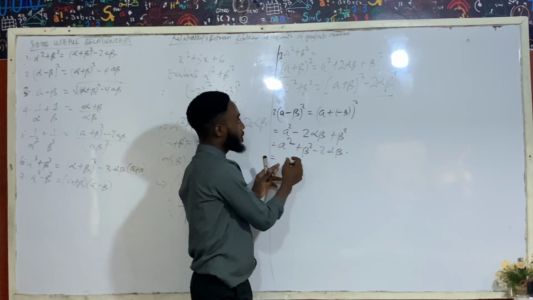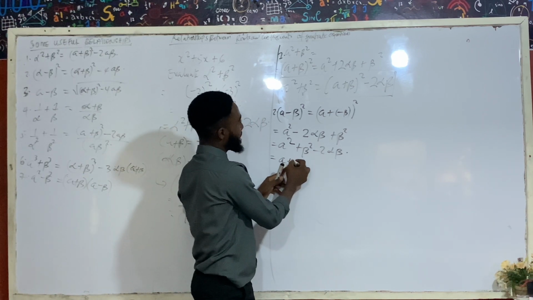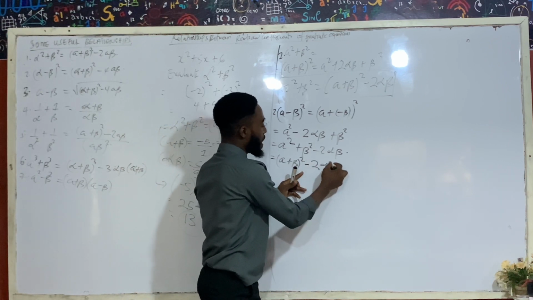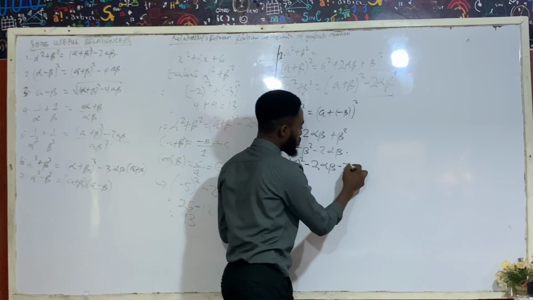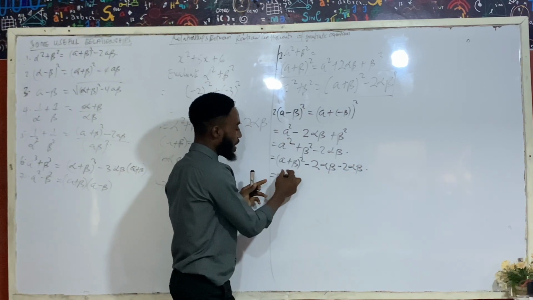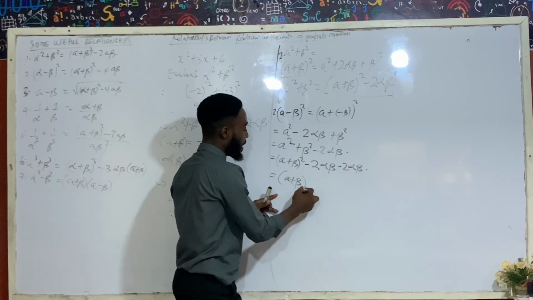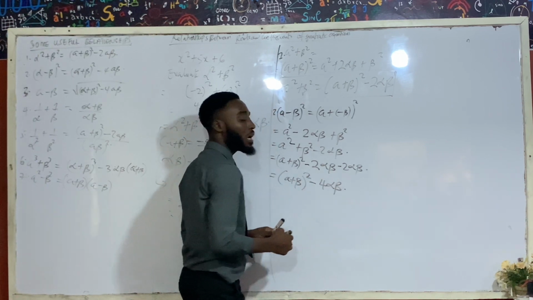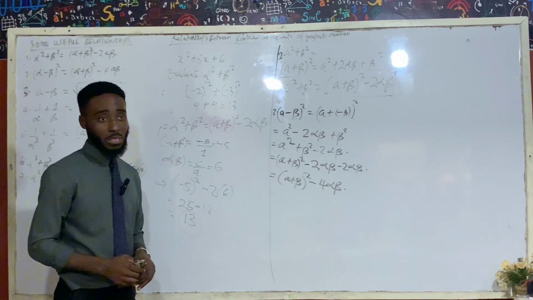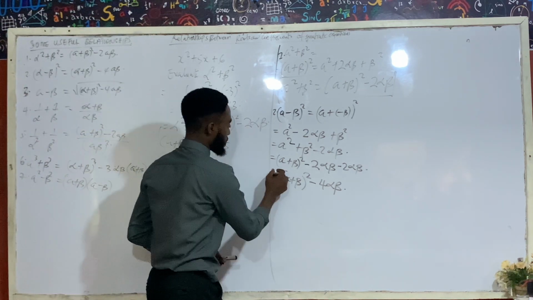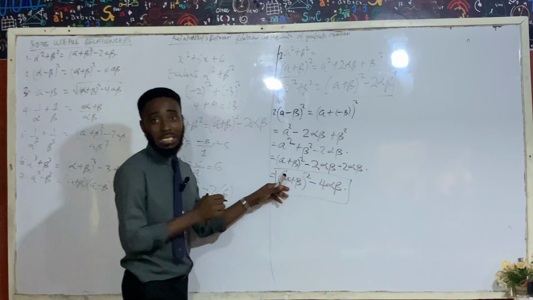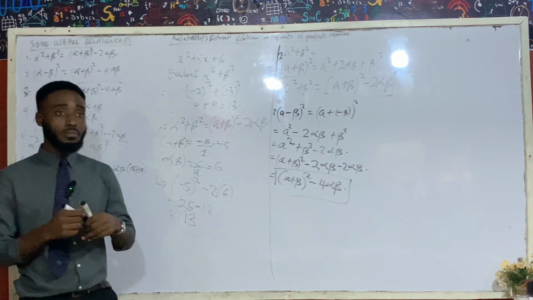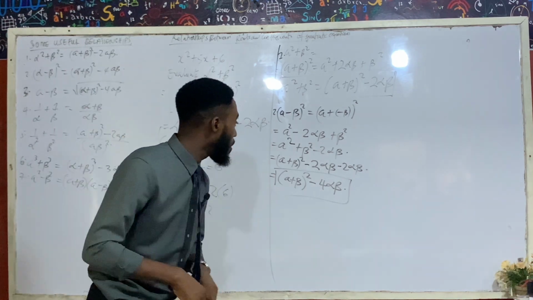Okay, so I'll now have alpha plus beta all squared minus 2 alpha beta minus 2 alpha beta. So I'll have alpha plus beta all squared minus 4 alpha beta. Do you get that? Are you sure? Questions? Where from?